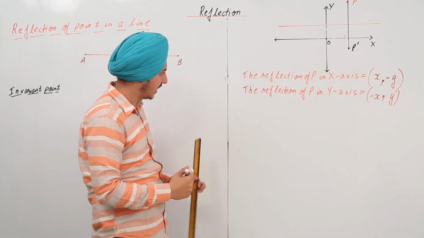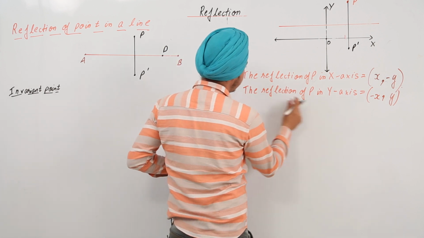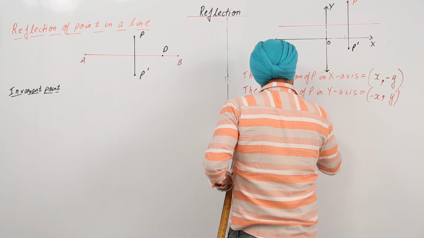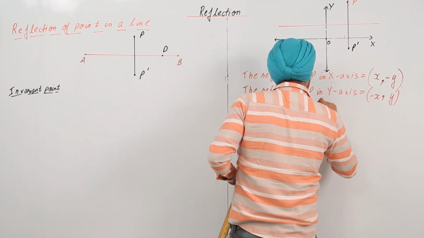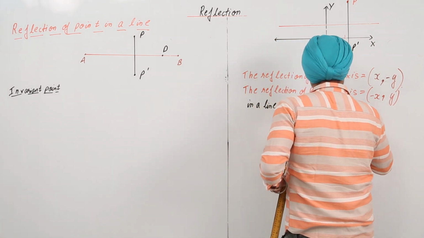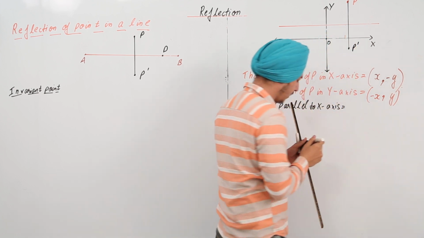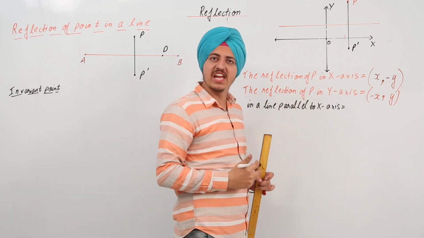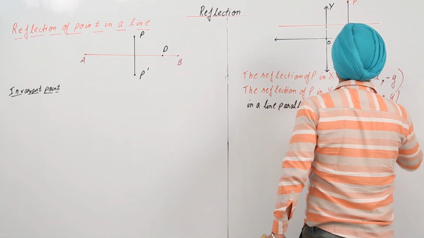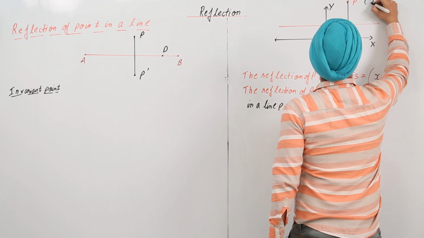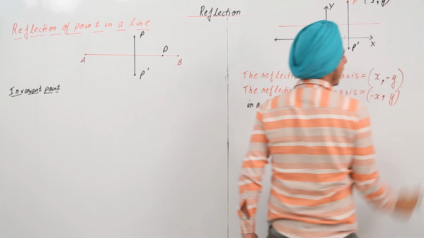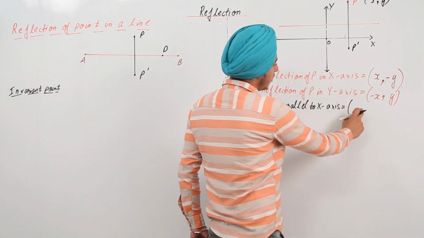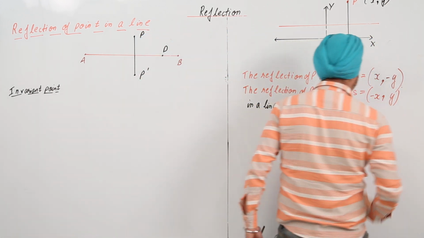How do we find the coordinates of the reflection of point P in a line parallel to the x-axis? Again, the x coordinate is going to be the same. Let's say the point P is x comma y. So the x coordinate is going to remain the same.